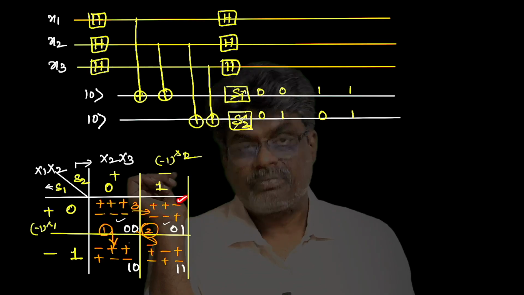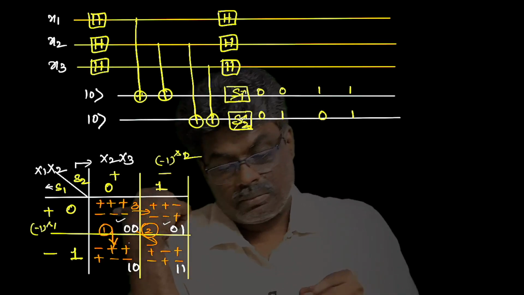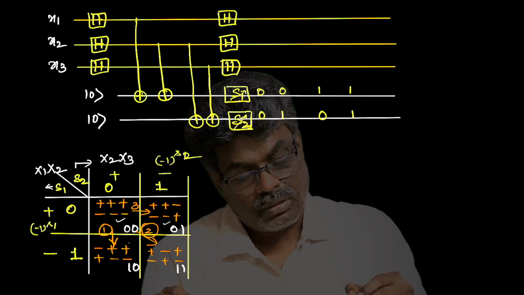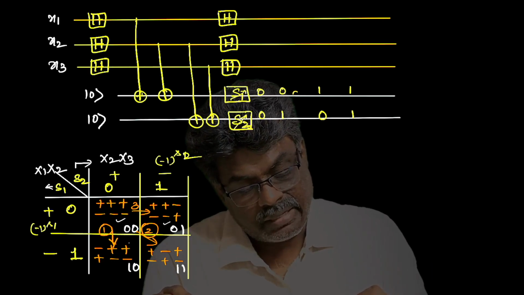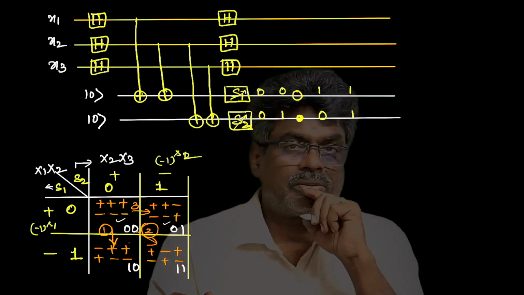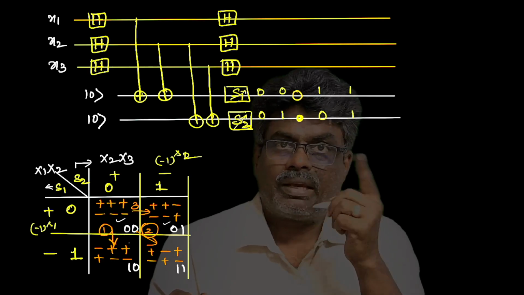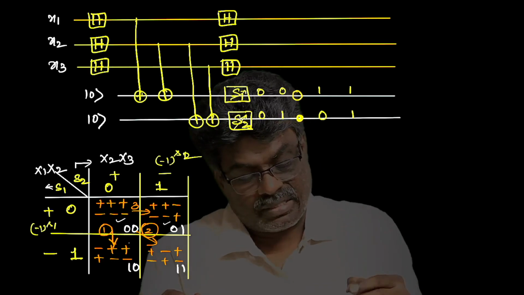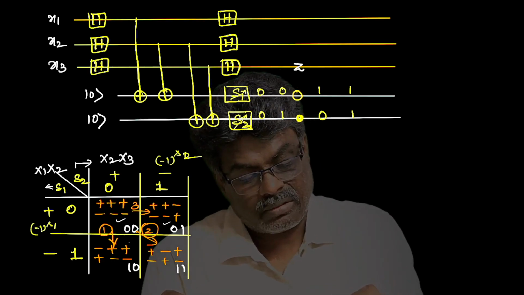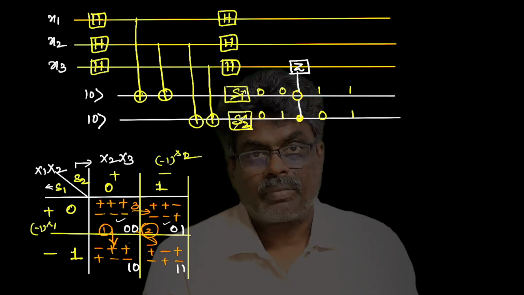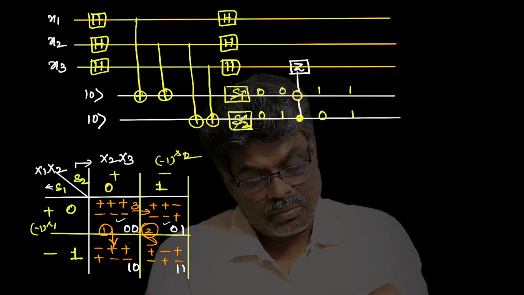The third one. So here we have to take an anti-control as usual, and here it is a control. In the last one, the bit flip model, we have taken X. Here we are taking a Z. That's it, so third one, like this. And the next one, 1 0.